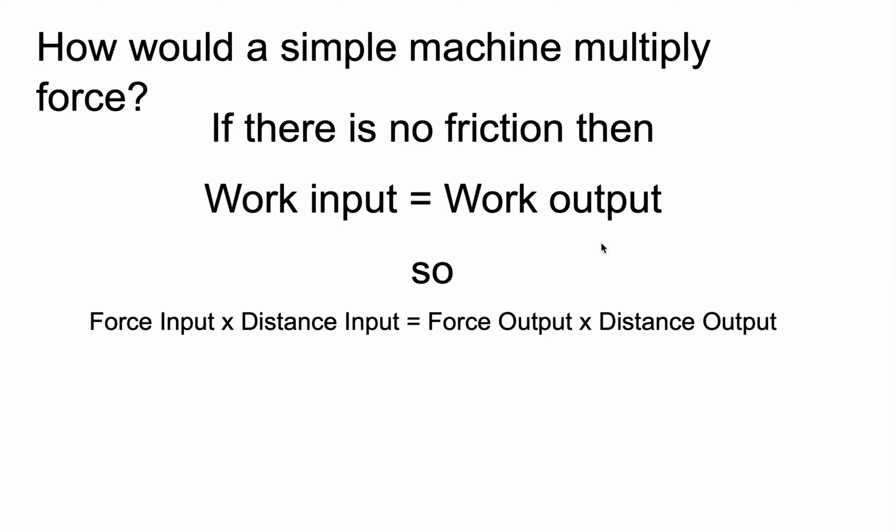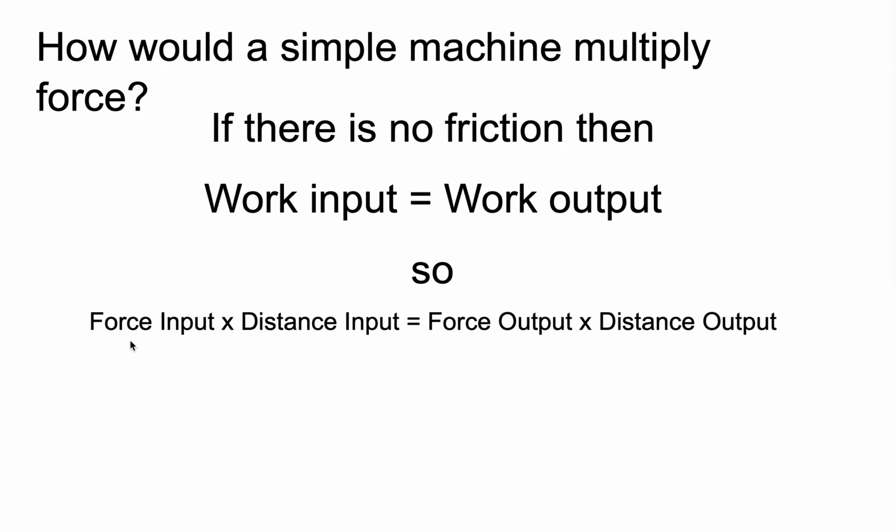This is because of the law of conservation of energy. Remember we said work done equals change in energy? Do you guys remember? This all kind of comes together here. So assuming there's no friction, the work that I put into using the machine will be the work that I get out from the machine.